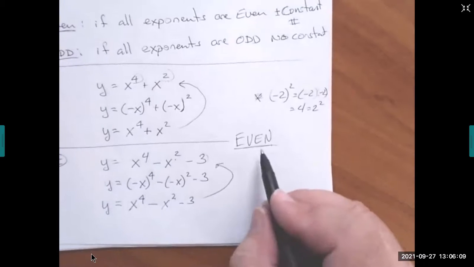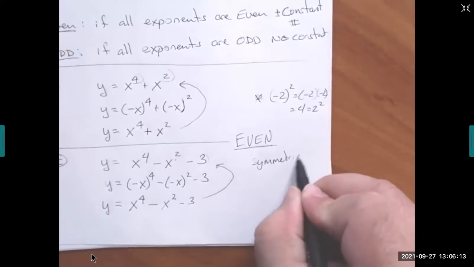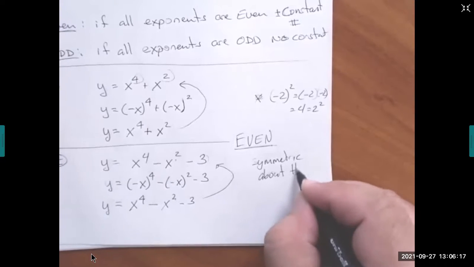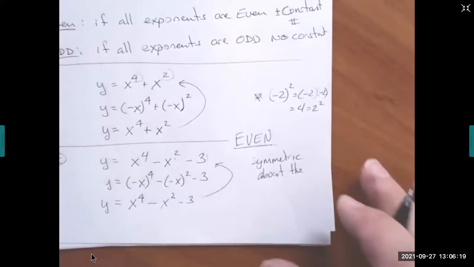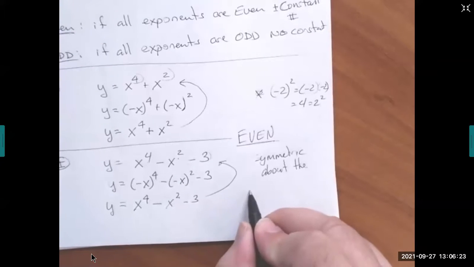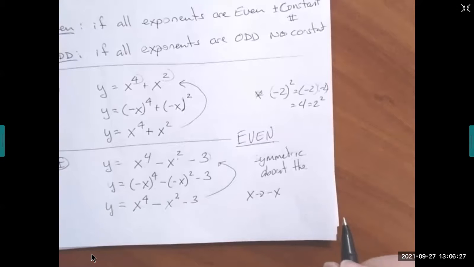And even exponents, I mean, even functions are symmetric about the what? Because here we changed x to negative x and got the same answer.